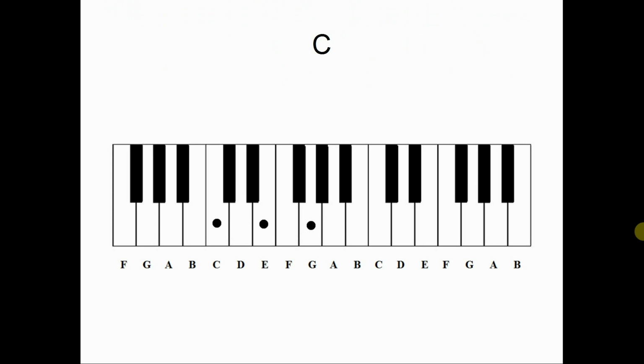If we begin at D instead and using the same technique, we get a D minor chord like this, D, F, and A. And if we begin from E, we get an E minor chord. And if we begin from F, we have an F major chord, and then G major and A minor.